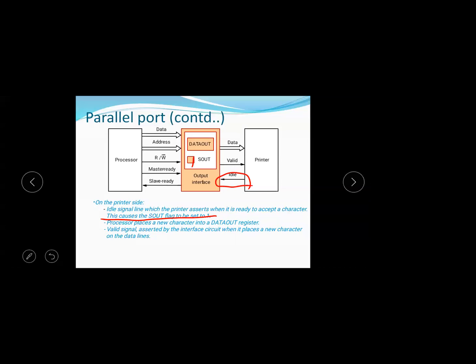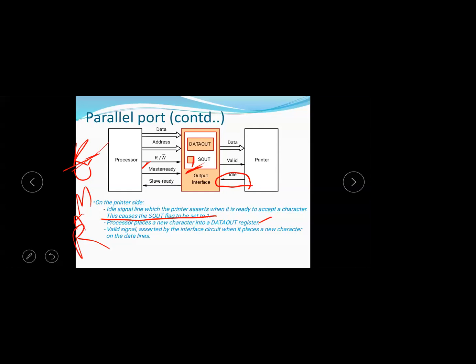Then the processor checks the SOUT flag. The processor reads the SOUT flag. If it is 1, the printer is in the idle state. Then the processor places a new character into the data out register. Earlier we transmitted KUMAR, and now that KUMAR must be printed.